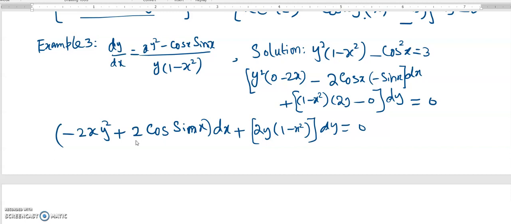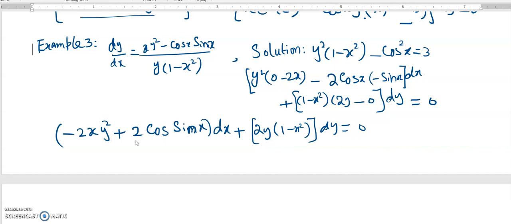Equal to 0. If I want to simplify it, this 2 can be cancelled out throughout. It will be x y^2 minus cos x sin x, and if we multiply or divide by minus 2, it will be x y^2 minus cos x sin x.